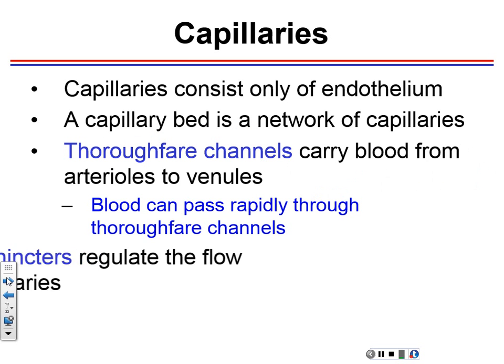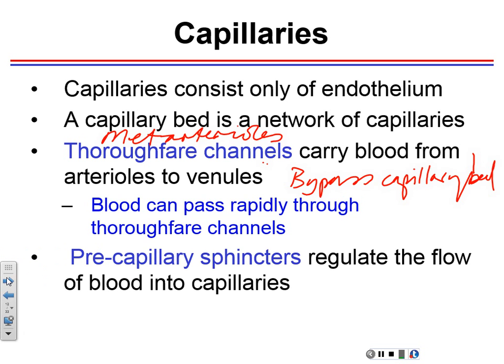So the function of that is to bypass, and it's because of these precapillary sphincters that are at the junction of the arterioles and the capillaries. The arterioles are the last arteries that will be distributing the blood to the capillaries, which are the smallest blood vessels with only one layer, and the pressure is now low enough so that the capillaries can handle it.